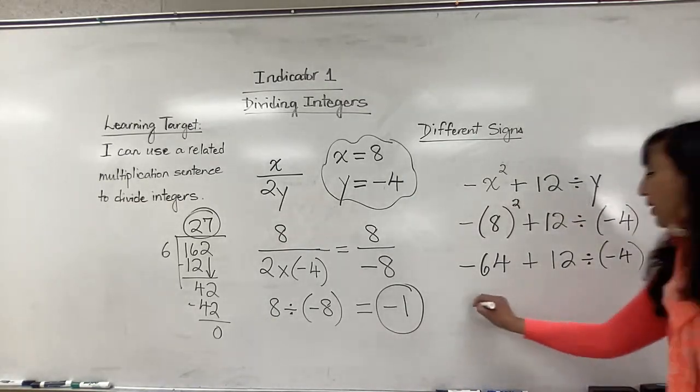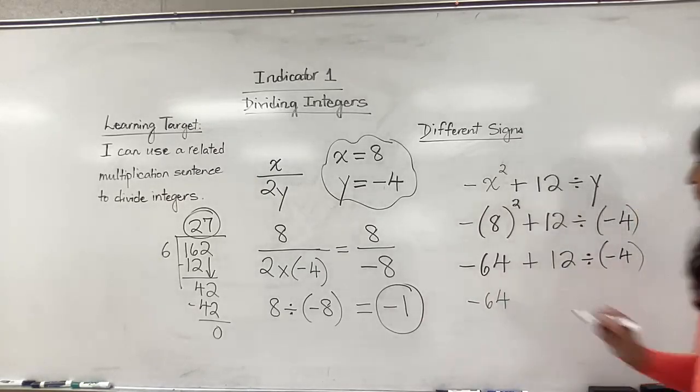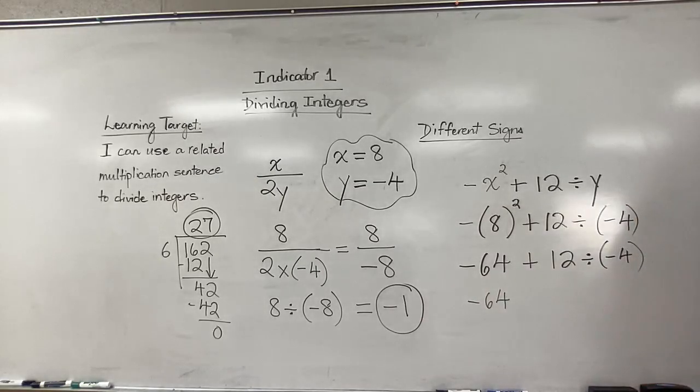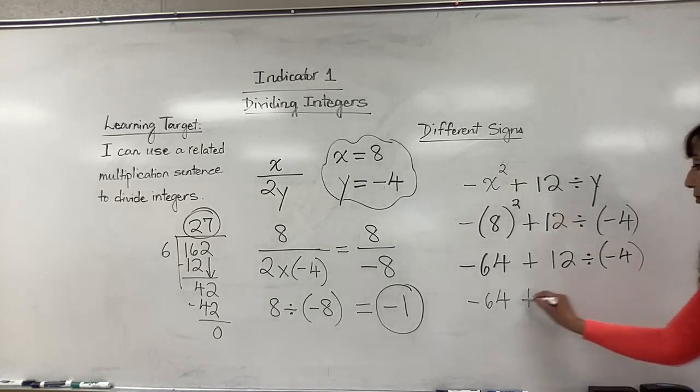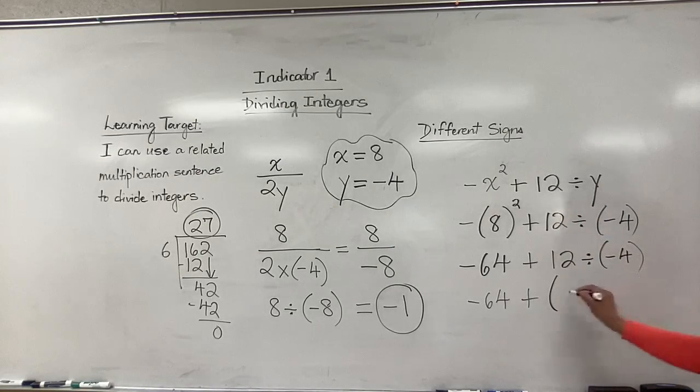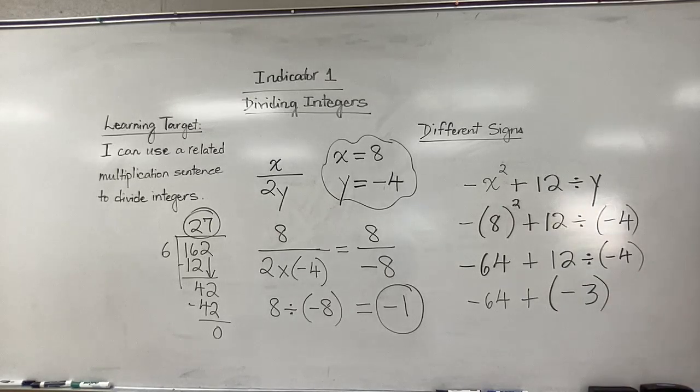So this will be negative 64, and we are dividing opposite signs, so we are going to get a negative quotient. 12 divided by 4 is 3, but because they're opposite signs, this is going to be negative 3.